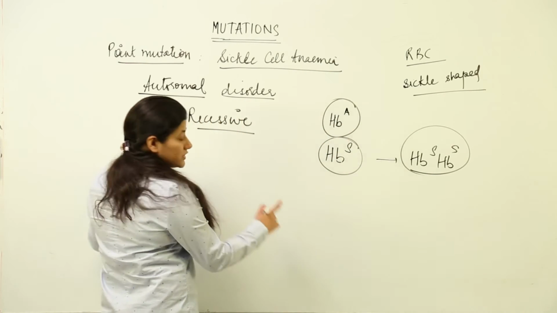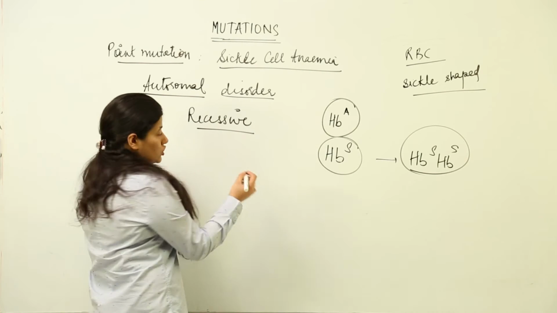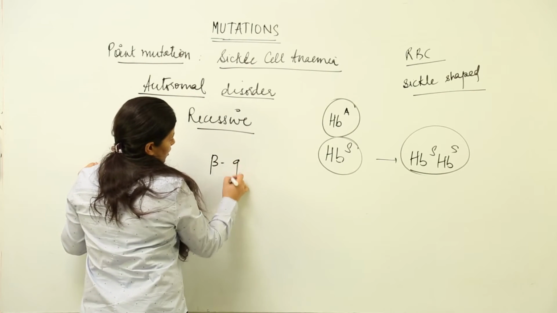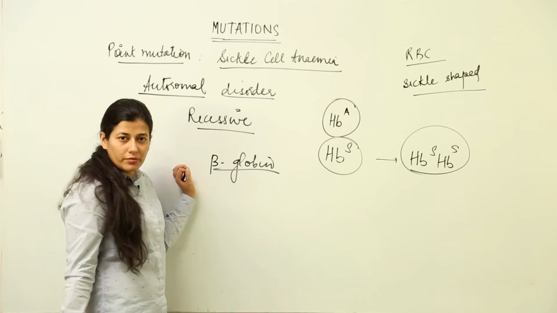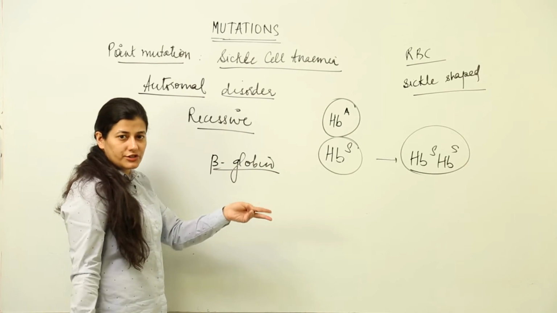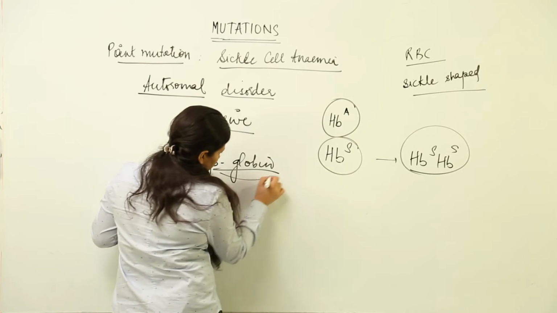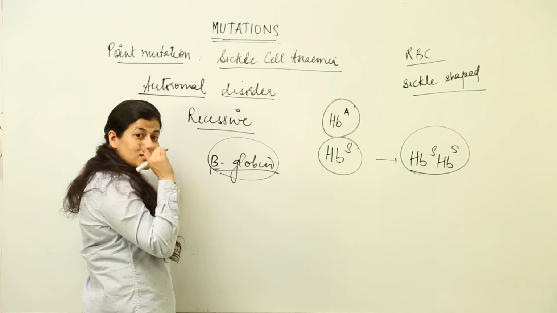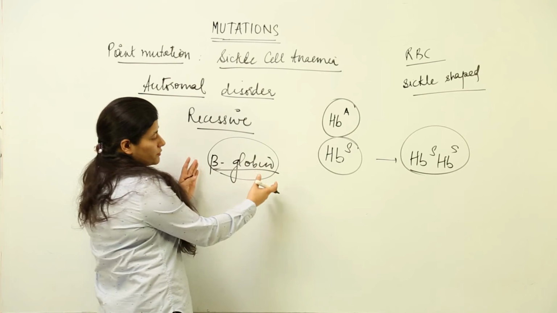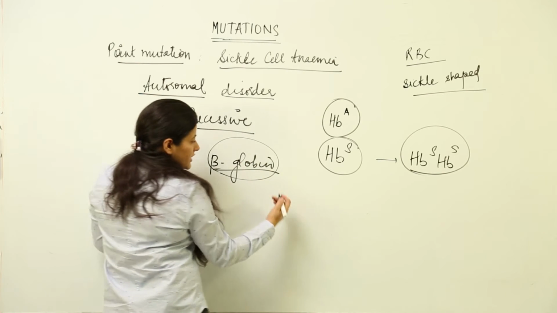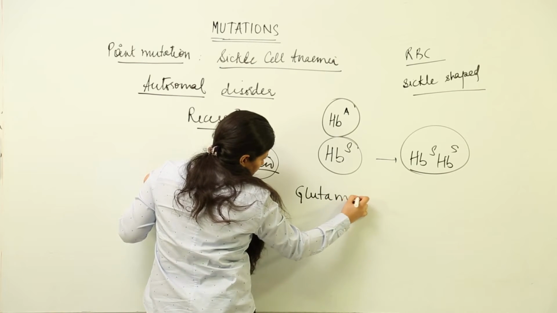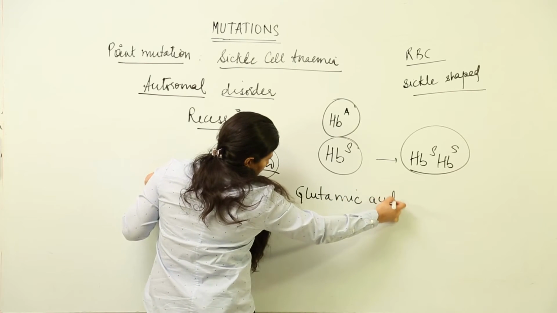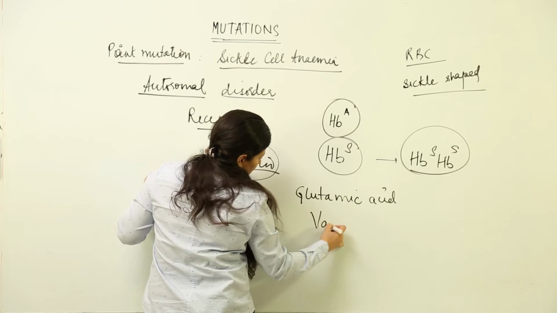It becomes mutated when at the 6th position of the beta globin chain of hemoglobin, instead of glutamic acid, the amino acid that is present is valine. See, RBCs have hemoglobin. Hemoglobin is formed of 2 alpha chains and 2 beta chains.